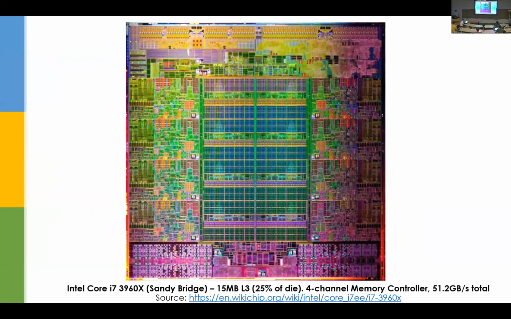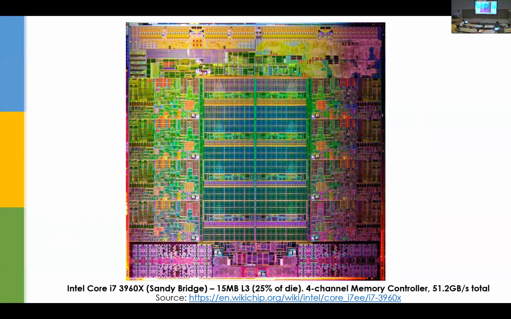Now let's look at this chip. This is a Core i7-3960X from the Sandy Bridge architecture, which I believe was 2014 or 2015. It had 15 MB of L3 cache. And it had a 4-channel memory controller to give you 51 gigabytes per second of total bandwidth.